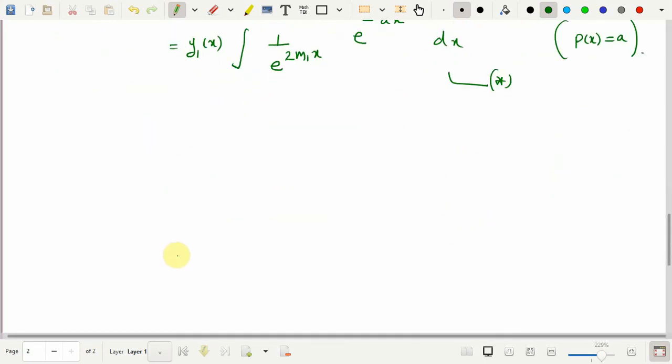So basically, how do we obtain the roots of this quadratic equation?